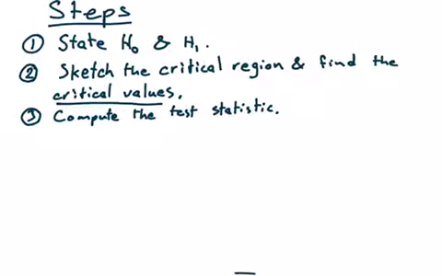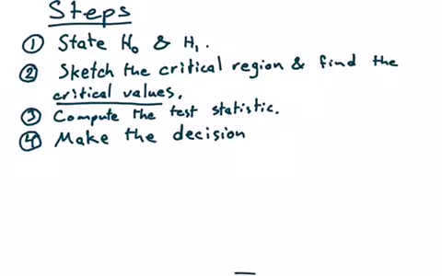So that's number 4, is we will make the decision, and we are only going to decide to reject H subscript 0 or to not reject H subscript 0. That's it. That's the only thing.